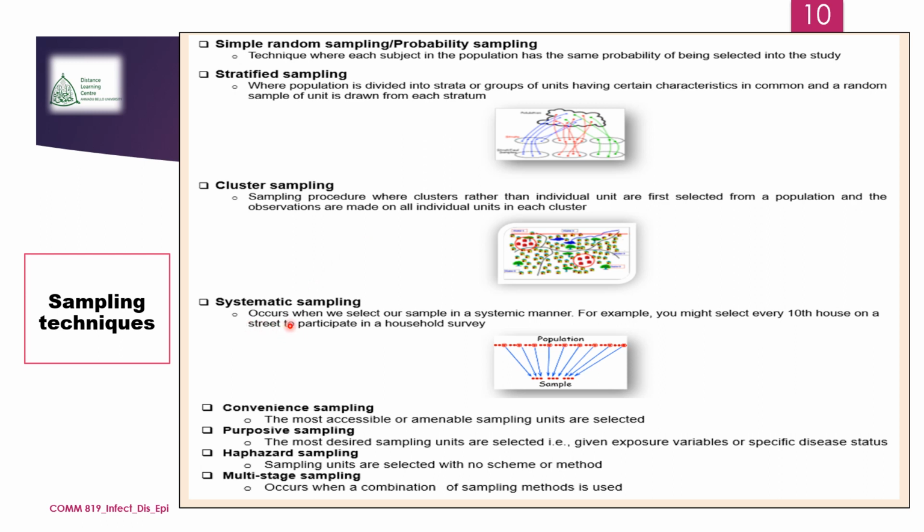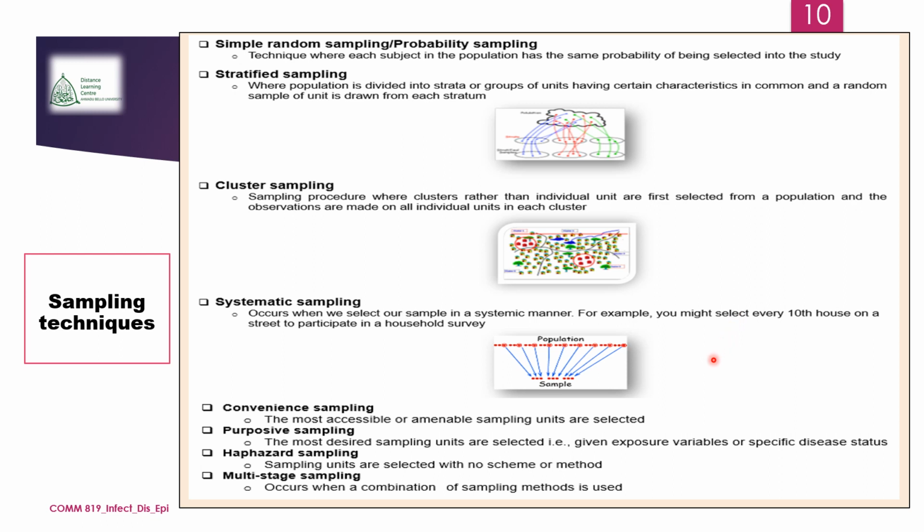Then systematic sampling. Systematic sampling occurs when we select our samples in a systematic manner. For example, you might select every 10th house on a street to participate in a household survey. Or in another simple form, maybe in a hospital, you may decide to say, okay, every nth person that comes to the hospital will be among your sampling subjects.